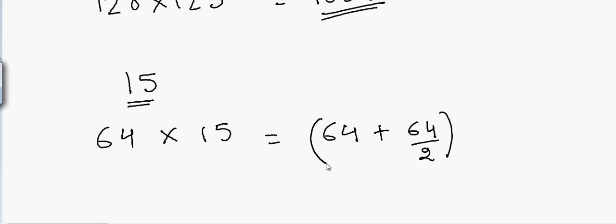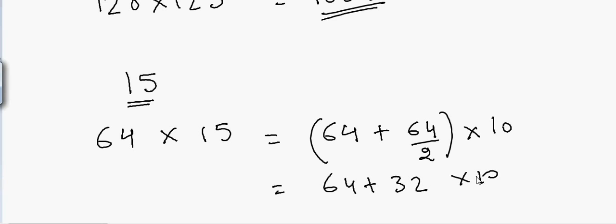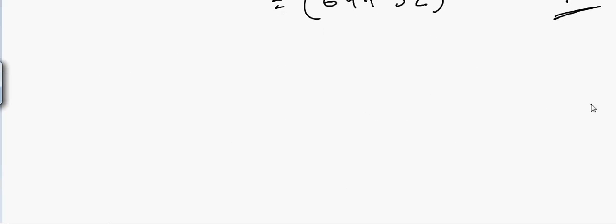So that will be equal to 64 plus 32 into 10, and that's equal to 960, right? Let's do it quickly. Suppose I have 44 and want to multiply by 15. I know half of 44 is 22, so that will be equal to 66, and then a 0, so that will be 660.